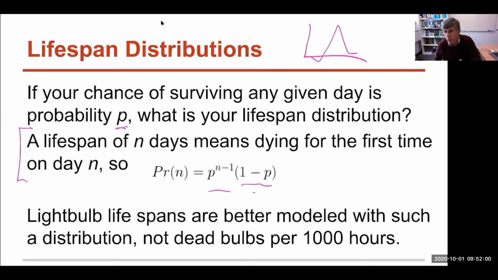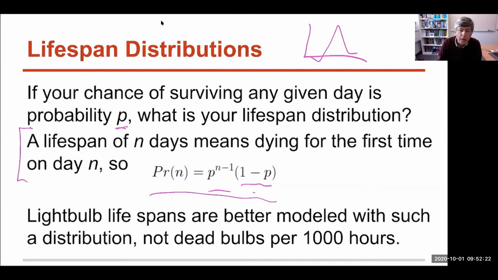Is it that they all die on exactly the 1,001st hour? Well, I think a distribution like this probably captures what happens in a light bulb. When I turn on light bulbs, usually if they're going to burn out, it's when I actually try to turn it on.